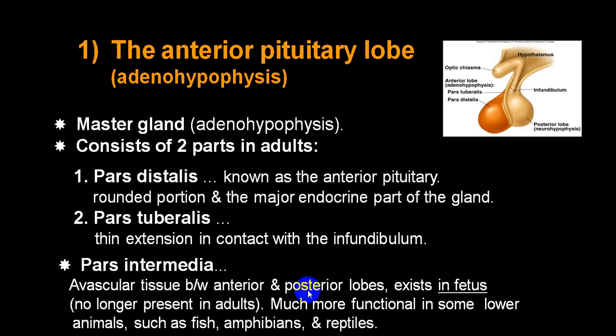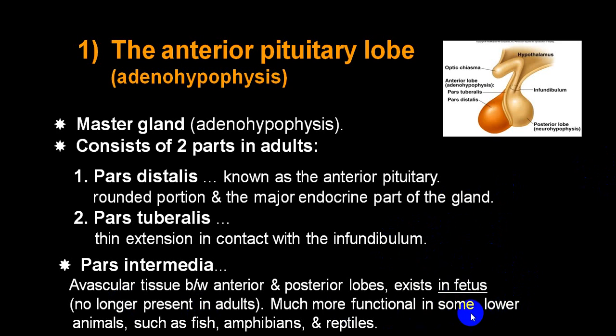Sorry, I should have mentioned that pars intermedia is an avascular tissue. Usually it is between the anterior and posterior lobe. It exists in the fetus, but in the adult it is no longer present, or it is only a fibrous tissue.